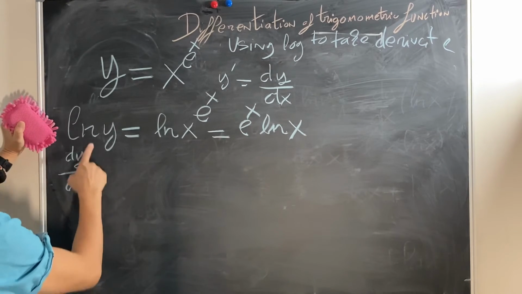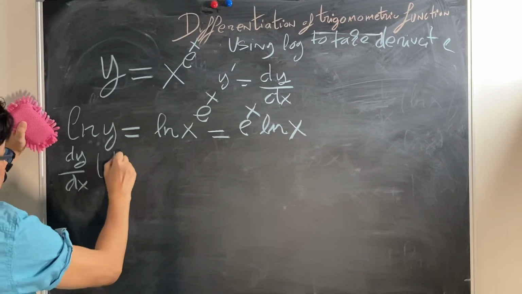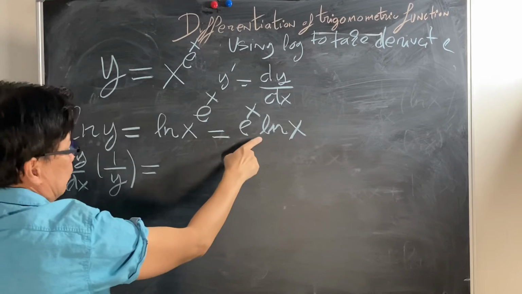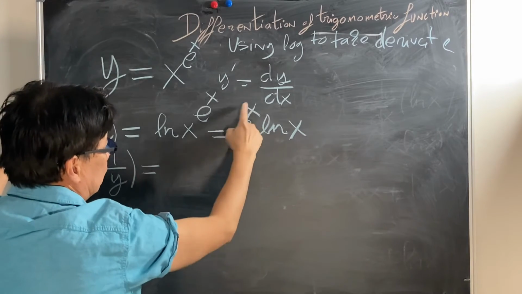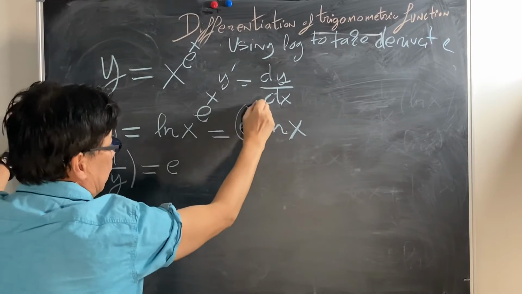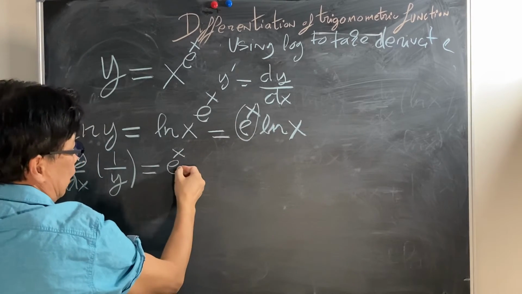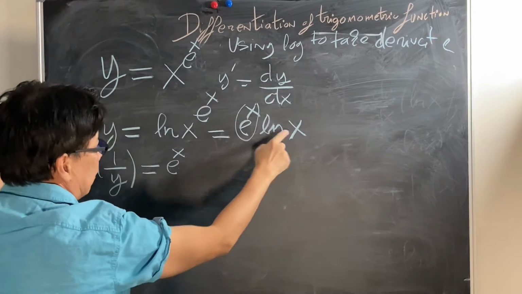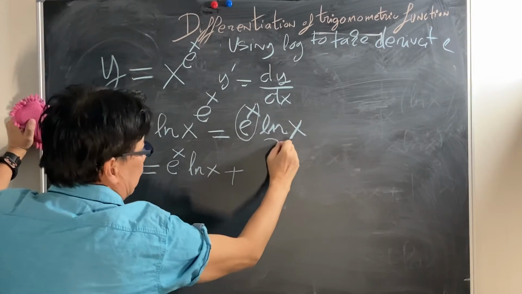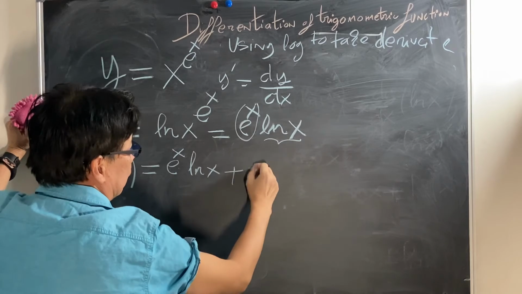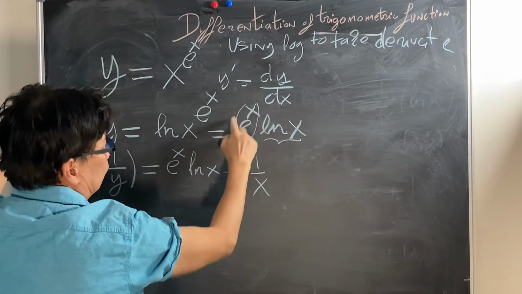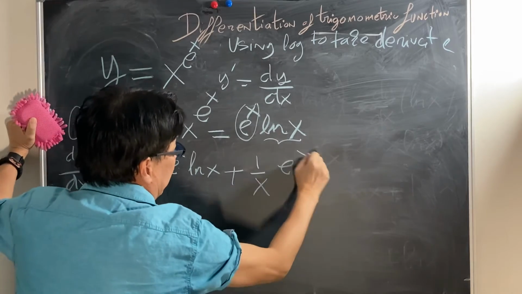The left side will be 1 over y dy/dx. The right side uses the product rule. The derivative of the first function e^x is e^x, multiplied by ln x, plus the derivative of ln x, which is 1 over x, multiplied by the first one, e^x.